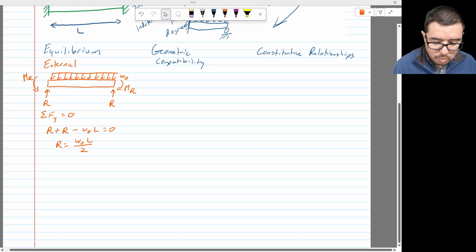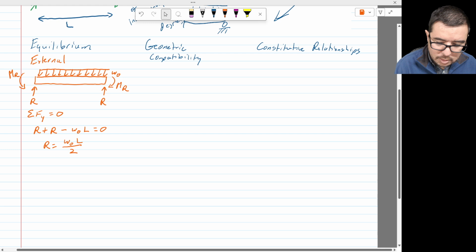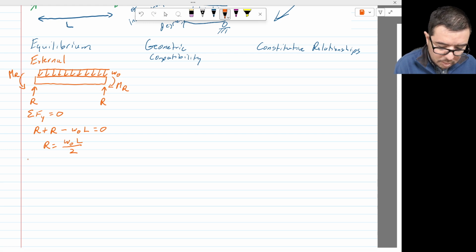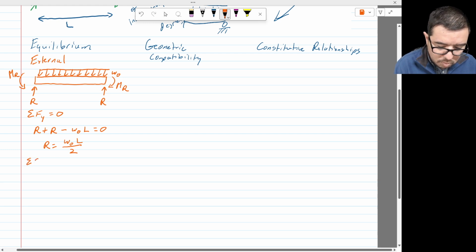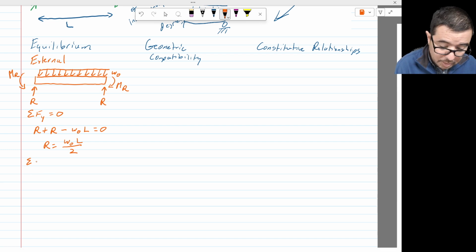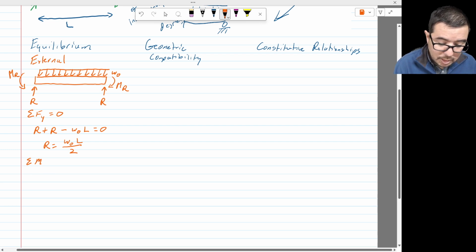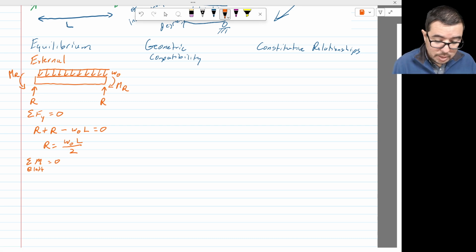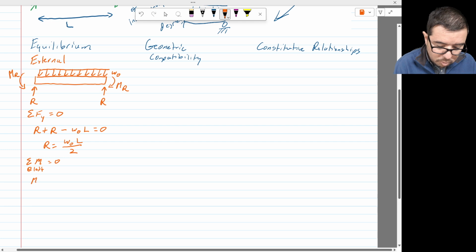And we can also say that the sum of the moments at the left is equal to 0. And what we have here would be that the MR on the left is positive.